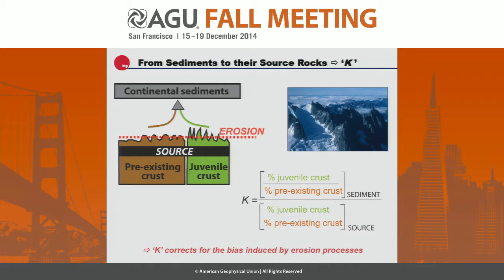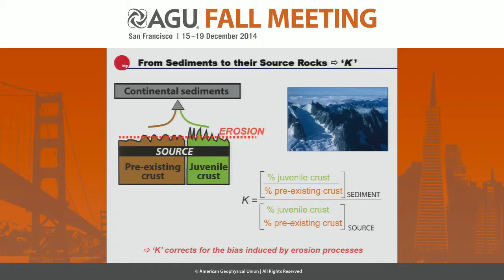They used an erosion parameter, which is called K. This is the expression. In their model, they just assumed that at any stage of its evolution, the continental crust was formed by two different blocks. One block was composed of the juvenile crust, which is the green stuff here, and the other one is the pre-existing crust.